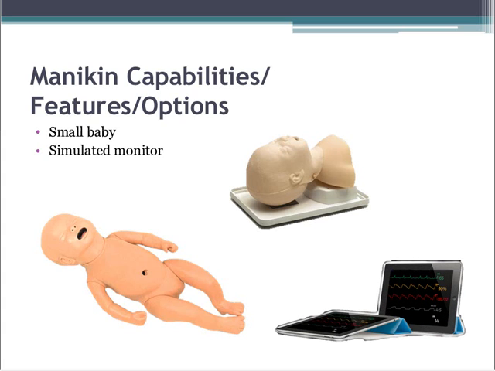And then you need a simulated monitor, and these can be purchased relatively inexpensively, or you may have another high-fidelity simulator, maybe an adult one, that also has a monitor that you can use to provide all of the vital signs information for this patient. And just because it doesn't talk directly with the mannequin doesn't mean that the learners would know the difference. So you can use that to provide a lot of that information to them.